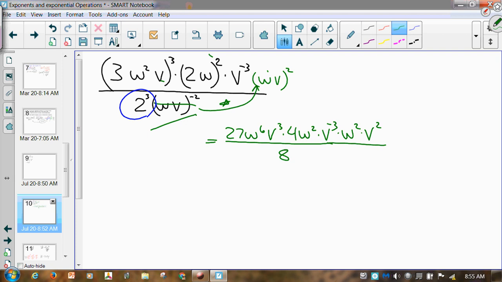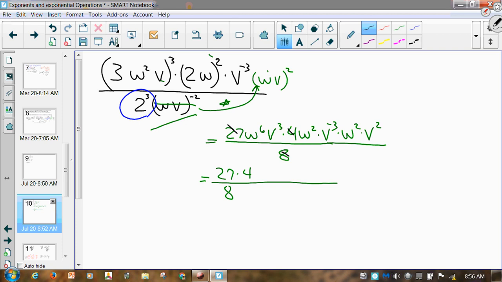All right. So now let's put all of our variables together and all our numbers together, simplify our life a little bit. And so that's going to be 27 times 4, and we'll go ahead and write our 8 down here. Okay, so that takes care of it. Sometimes, if it's a little confusing, you can even do a scratch out, to say, hey, I took care of that, took care of that.